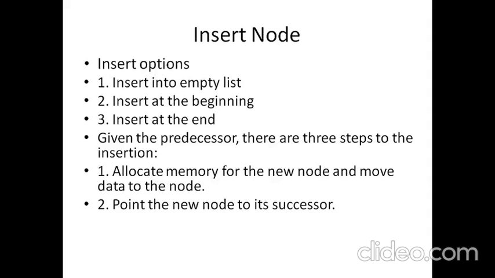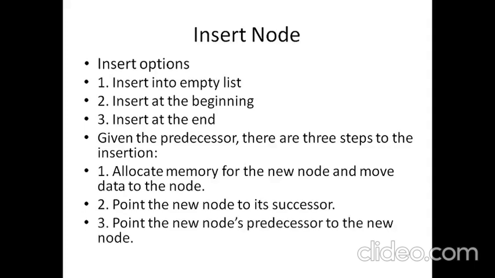But this is not applicable when you want to add the new node at the end of the list, because at the end of the list the new node is only going to have a null value in its link field and it won't be pointing to any other node. But for other positions we have to ensure this particular step, and the predecessor of the new node must point to the new node.